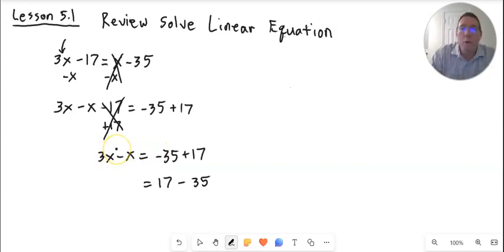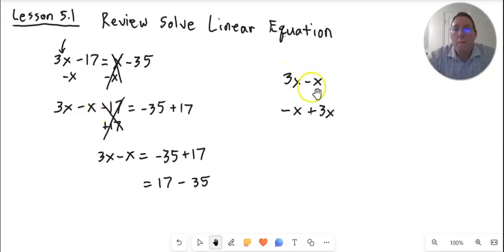If we wanted to, we could write 3x minus x as negative x plus 3x. You can see we moved the x over here, but we carried its sign with it. As long as the sign goes with it, you can move it around, okay? Here, we're going to leave it as 3x minus x.